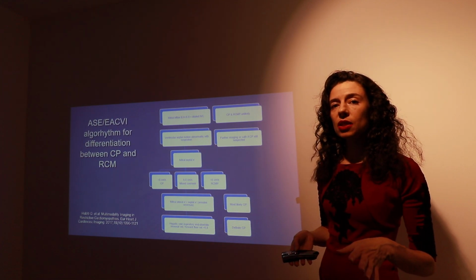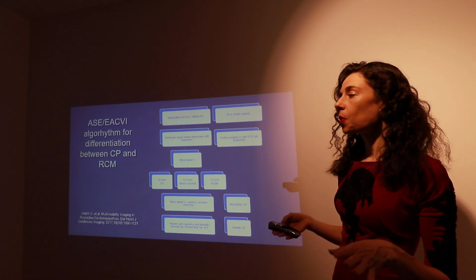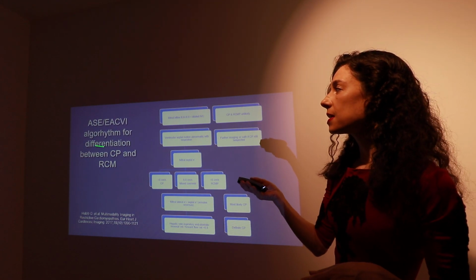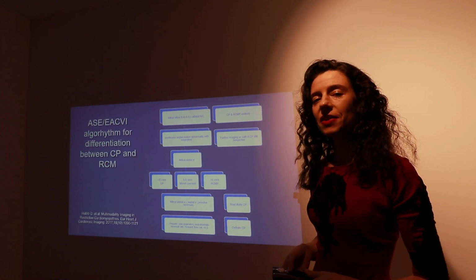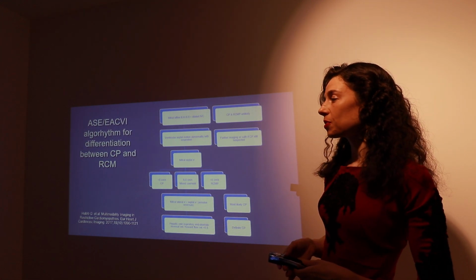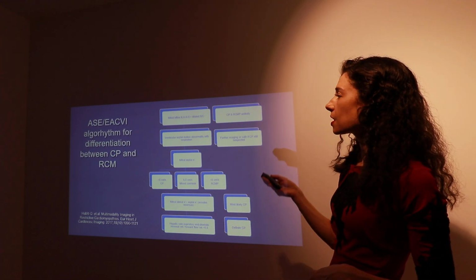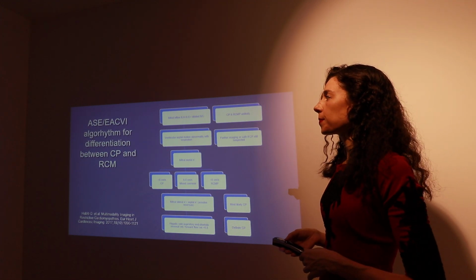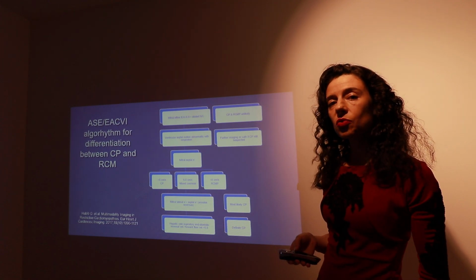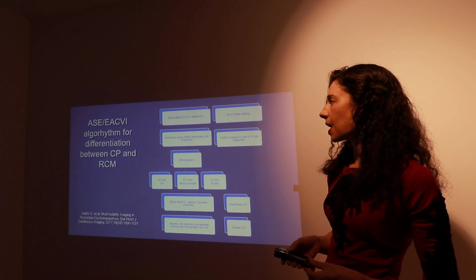So at last I would like to tell you about the ASE and EACVI algorithm for differentiation between constriction and restriction. It starts first with the evaluation of mitral inflow and inferior vena cava.